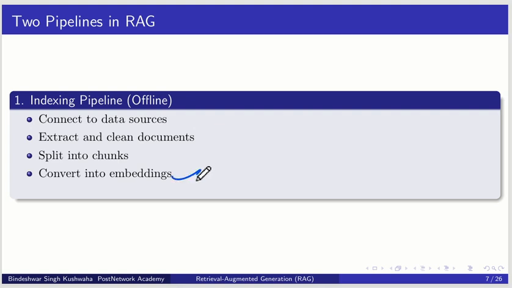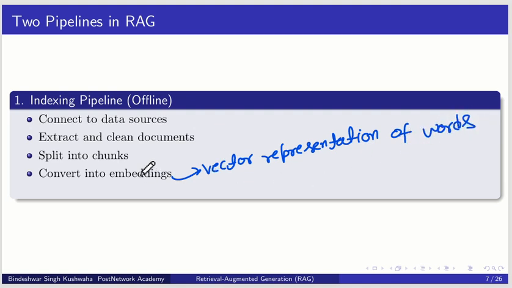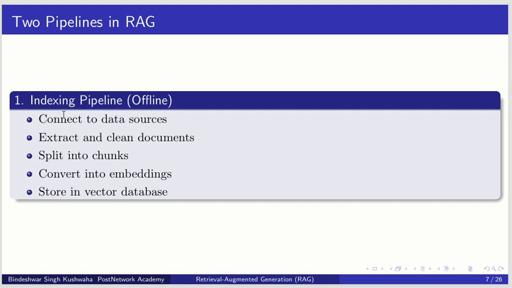Embeddings mean vector representation of words, and we will often come across embeddings. Store them in a vector database. There are many databases like SQL, there is ChromaDB and many more.